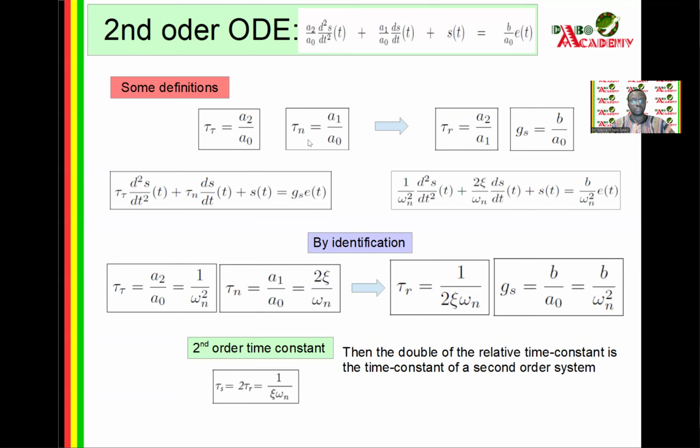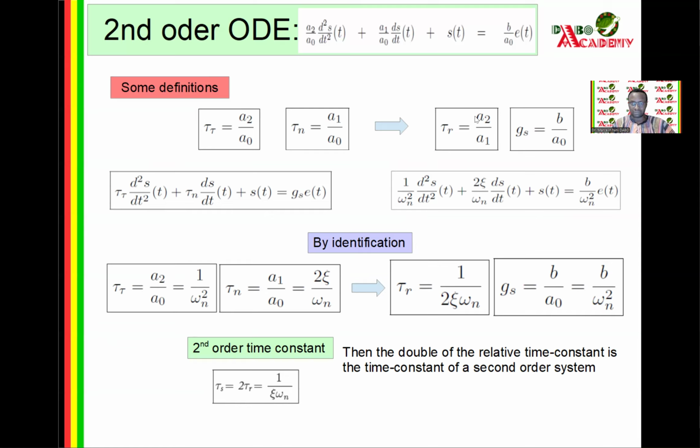When you have both, what you do is divide tau tau by tau n, and then it will give you A2 over A0 multiplied by A0 over A1, and then the A0s will simplify themselves. You just keep A2 over A1. This is what I define as a relative time constant. So if you hear in other videos, what is the relative time constant?